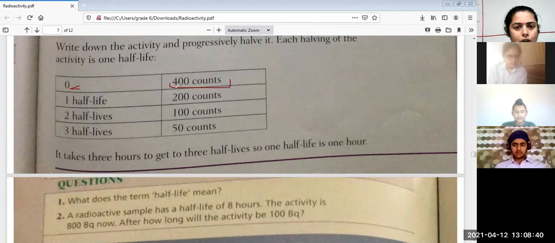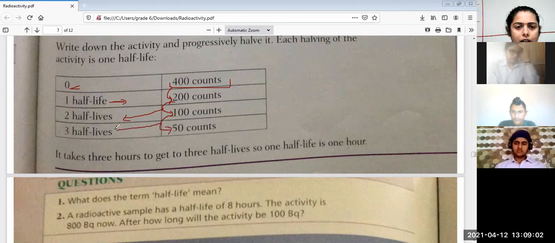Fine. 400 reaches 200. It halved. That is your first half-life. The 400 halved to 200. Then 200 reaches 100. That is your second half-life. When 100 reaches 50, that is your third half-life.